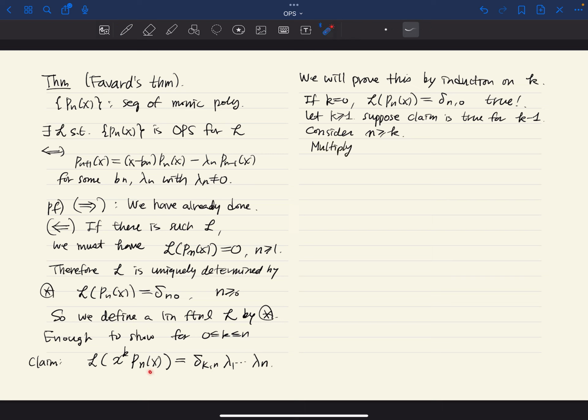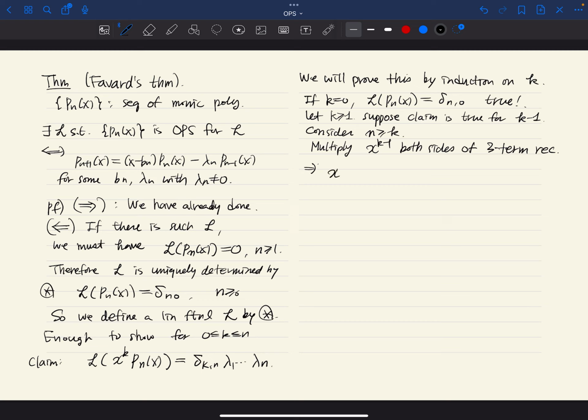Well, you see, if you want to look at this, that can be obtained by this if you multiply by x to the k minus 1 on both sides of the recurrence equation, and then take L. Okay, let's take the linear functional later.